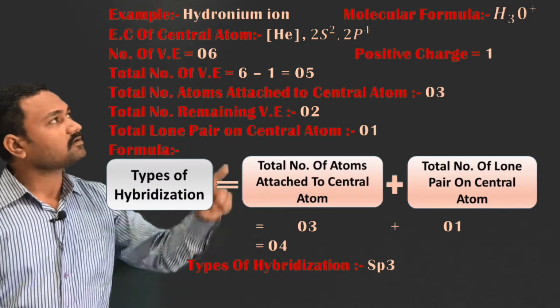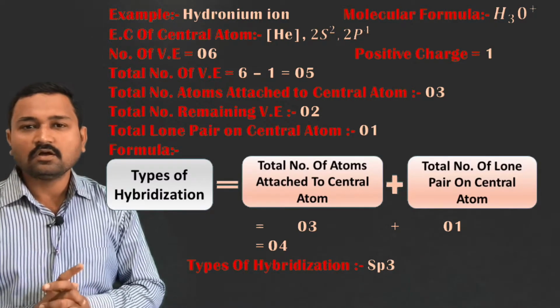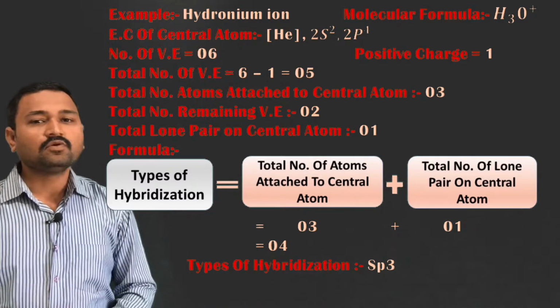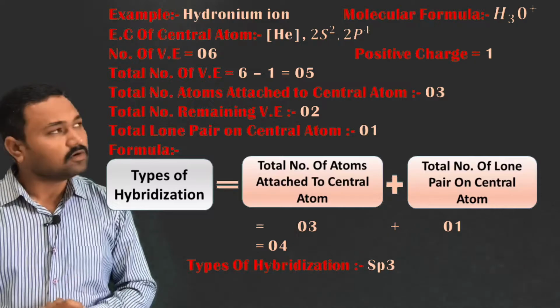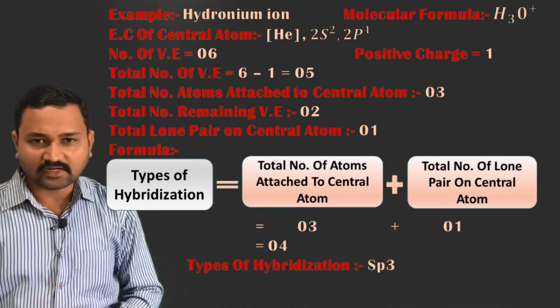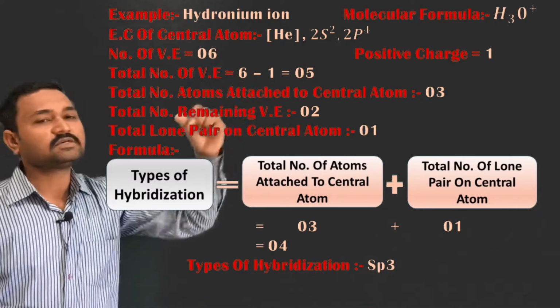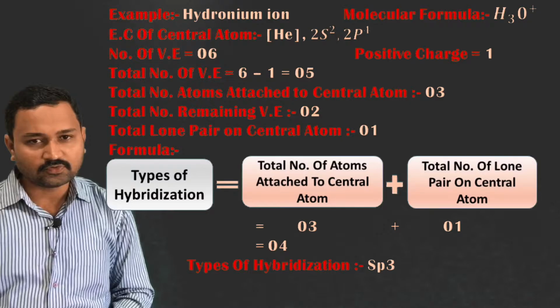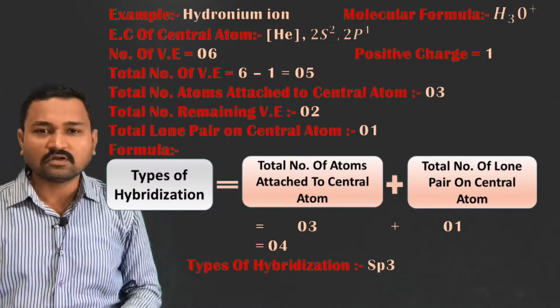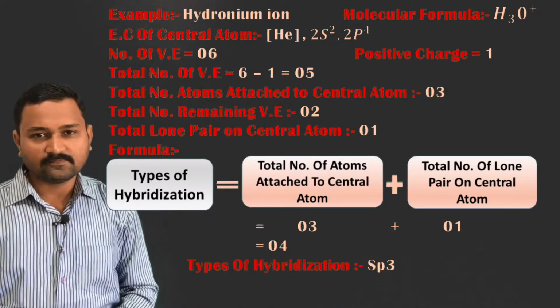The electronic configuration of the oxygen atom is helium 2s2 2p4. The total number of valence electrons in the oxygen atom is 6, as the 2s and 2p contribute to the valence electrons.